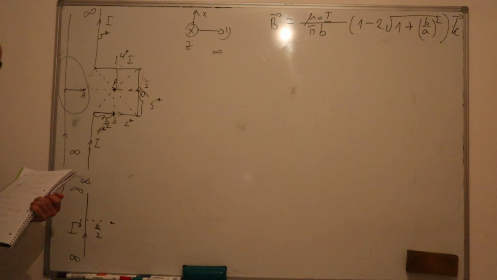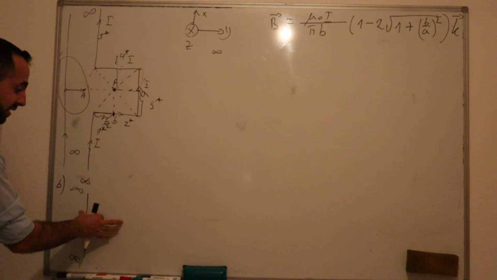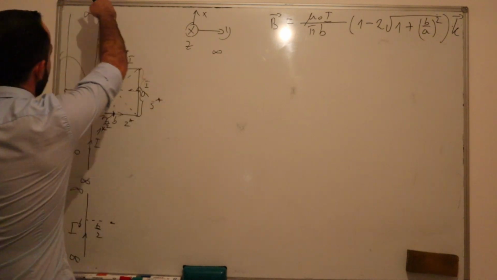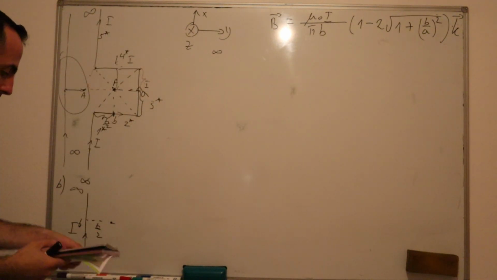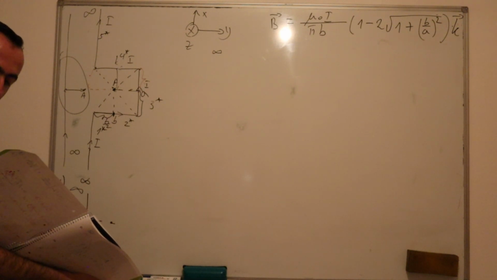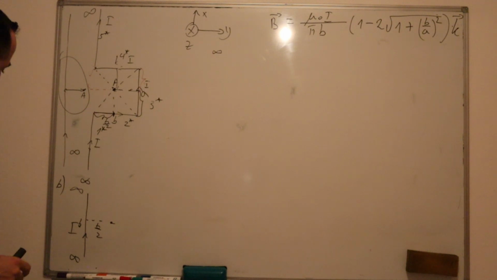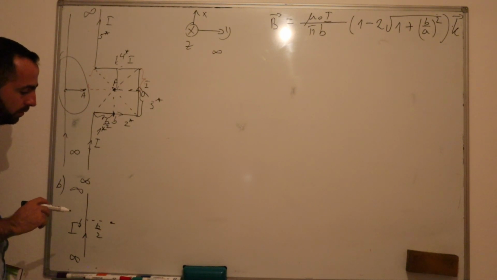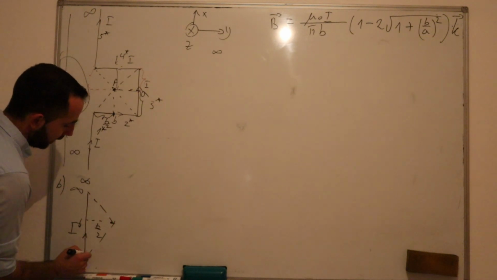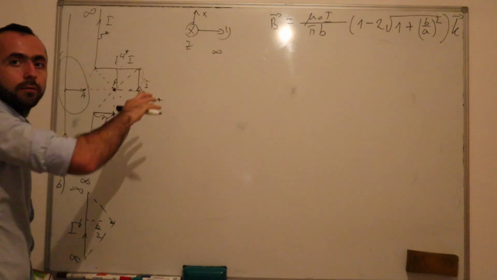We need to determine which current is necessary so that this field is equal to the field when our conductor is bent. We will very easily find the magnetic field of this conductor. We already have the magnetic field of the other conductor.